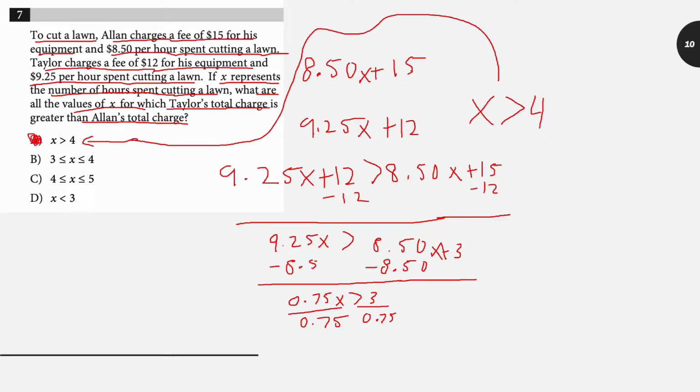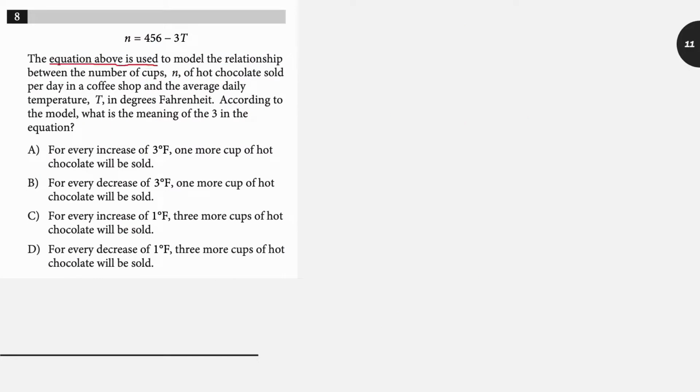That's your answer. The equation above is used to model the relationship between the number of cups N of hot chocolate sold per day in a coffee shop and the average daily temperature T in degrees Fahrenheit. According to the model, what is the meaning of 3 in this equation? So you know that N is the number of cups and T is the temperature.